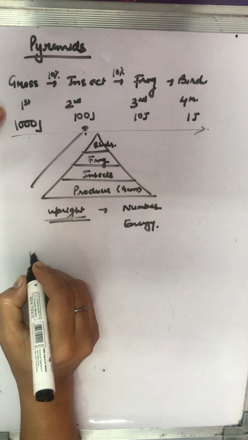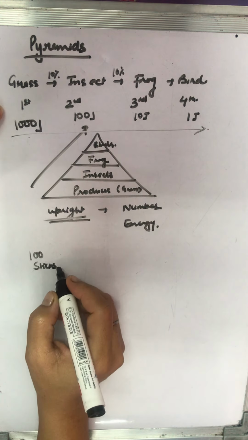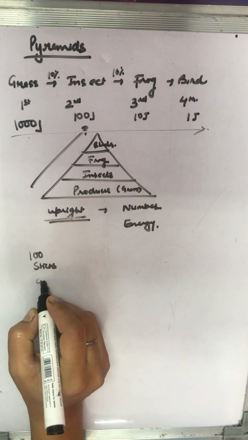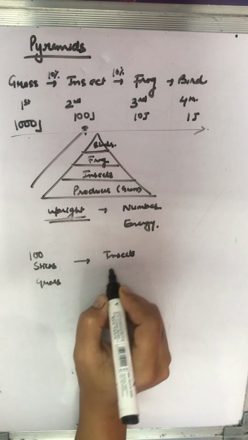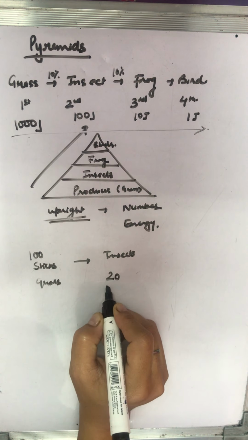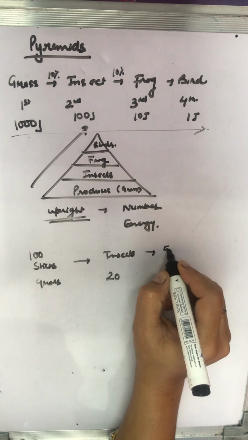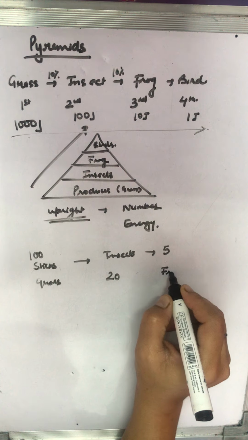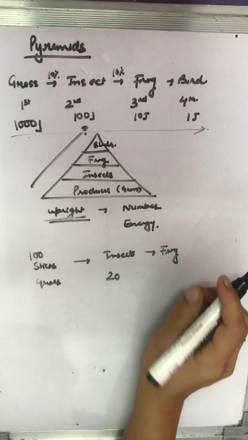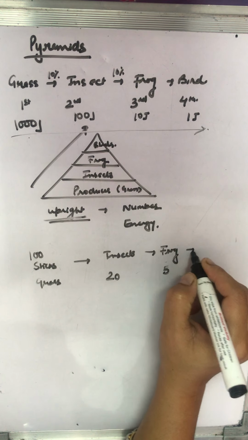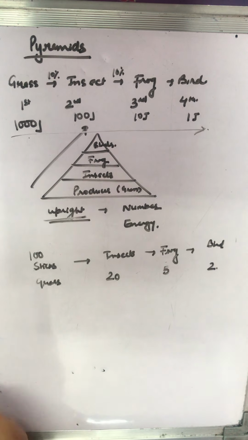If there are 100 grass sticks which are eaten up by the insects, supposedly these are 20 in number, consumed by 5 frogs, and ultimately eaten up by a bird, maybe 2 birds, right?